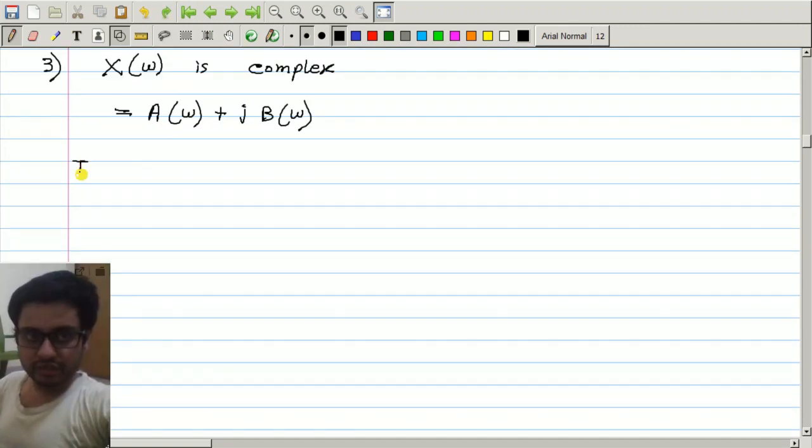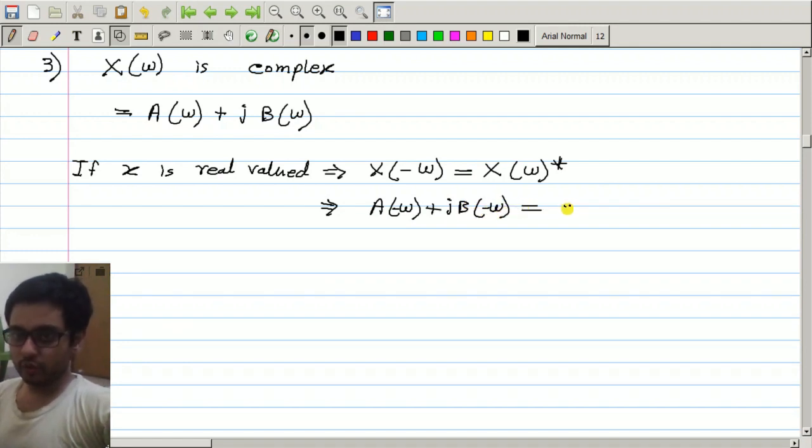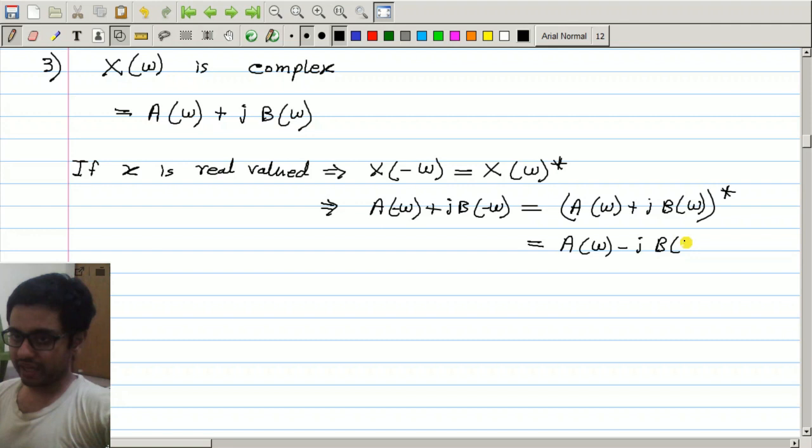Now, see if x is real valued, which is always the case in practice, then X of minus ω should be equal to capital X of plus ω star, which means A of minus ω plus jB of minus ω should be equal to A(ω) plus jB(ω) whole star, and the right side is A(ω) minus jB(ω). This conjugation makes plus j into minus j.